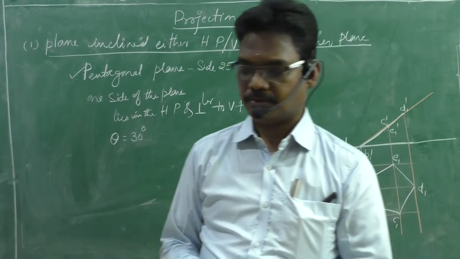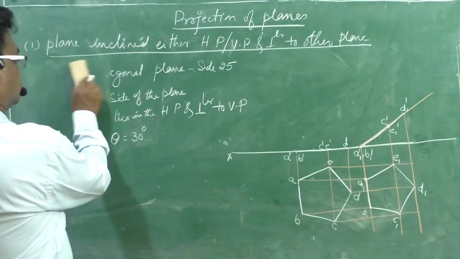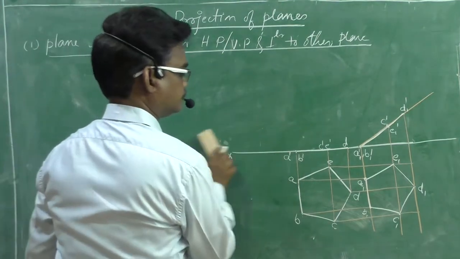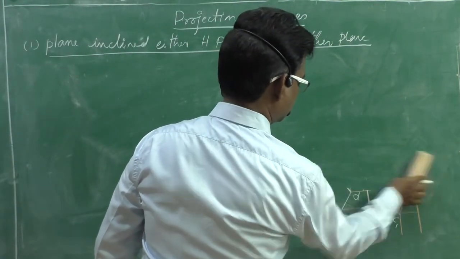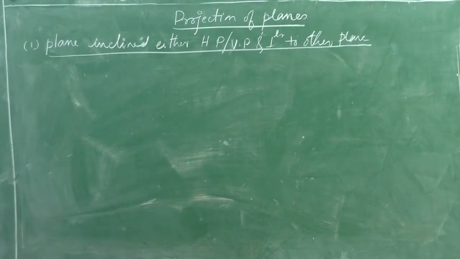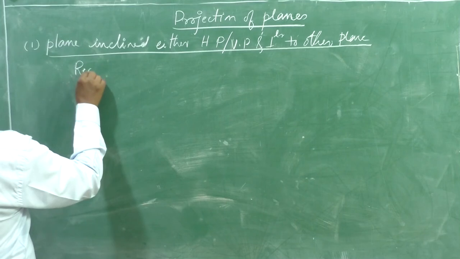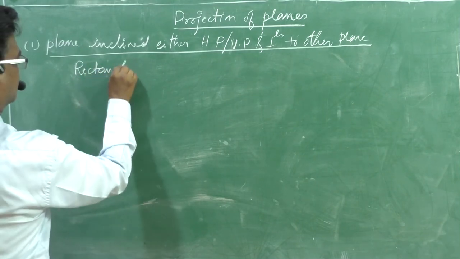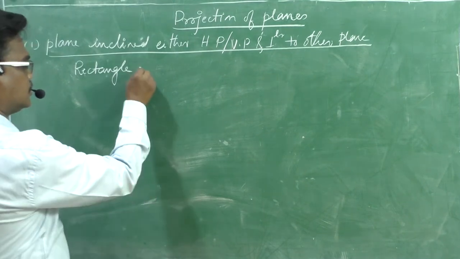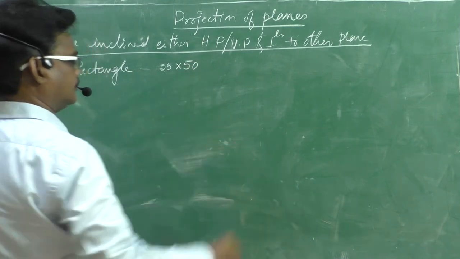Now we will observe the data and analyze the respective position. The given plane is a rectangle, with dimensions 25 mm width and 50 mm length.